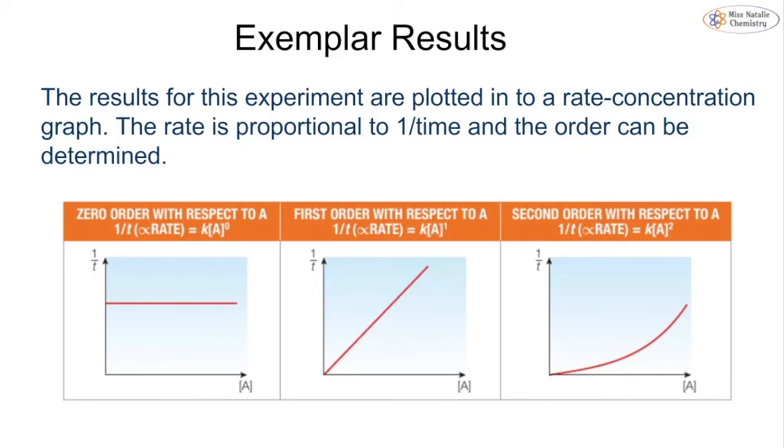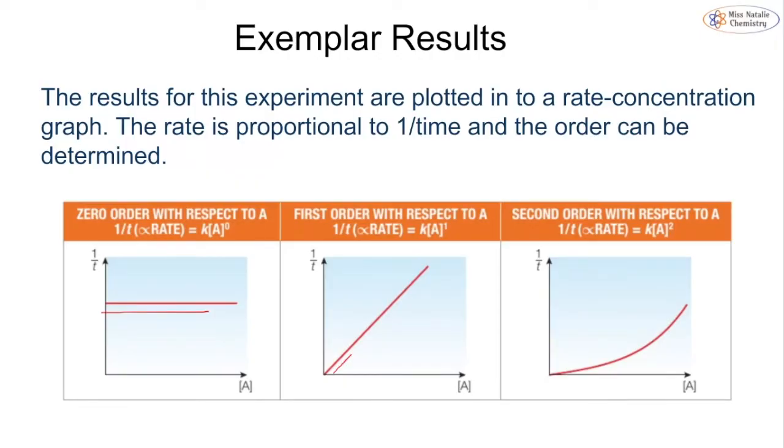So the results for this experiment would then be plotted into a graph of 1 over t against concentration, and the rate is proportional to 1 over time. So that would be like a rate-concentration graph, and depending on what shape we get, we can determine our order. So if it's 0 order, we should see no change at all. We should see just this flat line here.